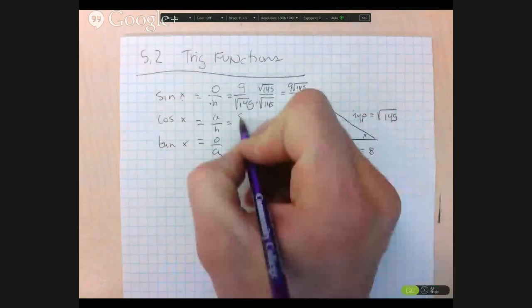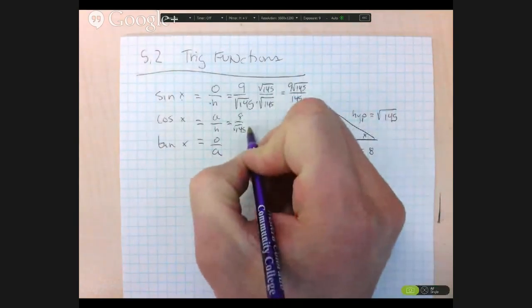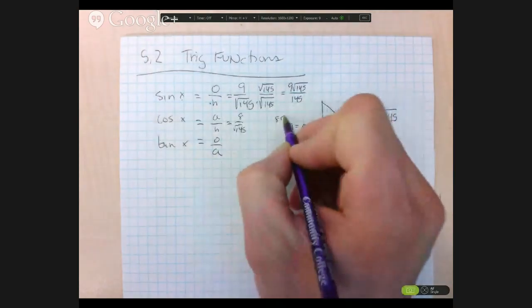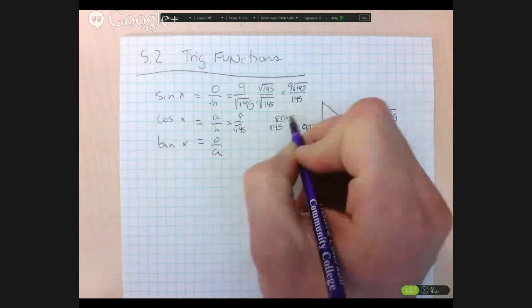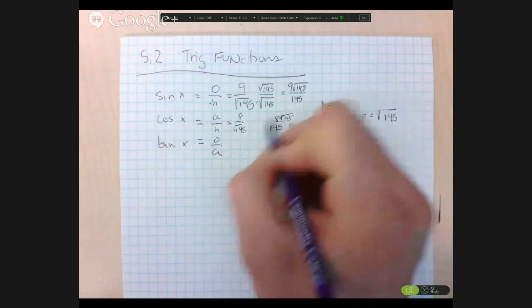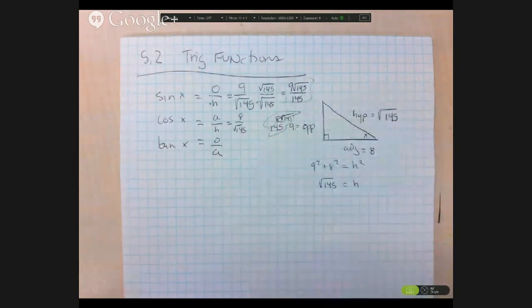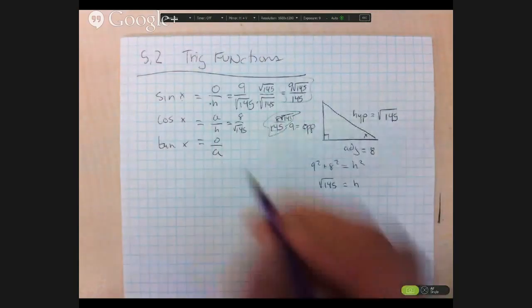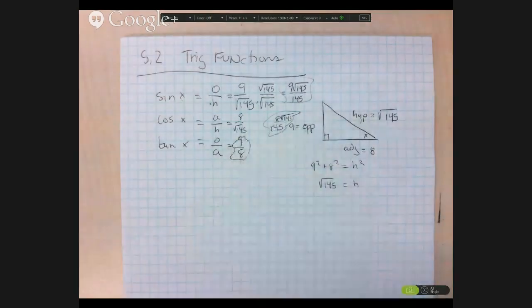Okay, simplify it. That is ugly. Okay, there's cosine, sine, and what's tangent? Okay. Ringing bells, ding, ding.